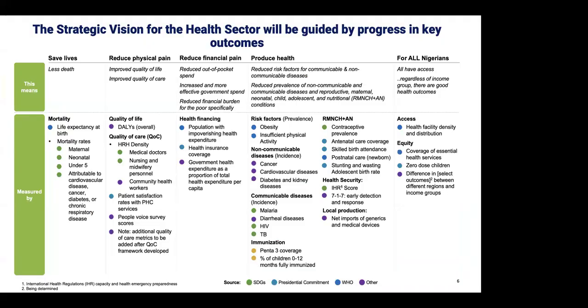Within the scope of this evolution of the healthcare space, the minister, and therefore the Federal Ministry of Health, is focused on a number of different issues they are trying to achieve. You will see such things as trying to save lives where we can. That means increasing life expectancy at birth.